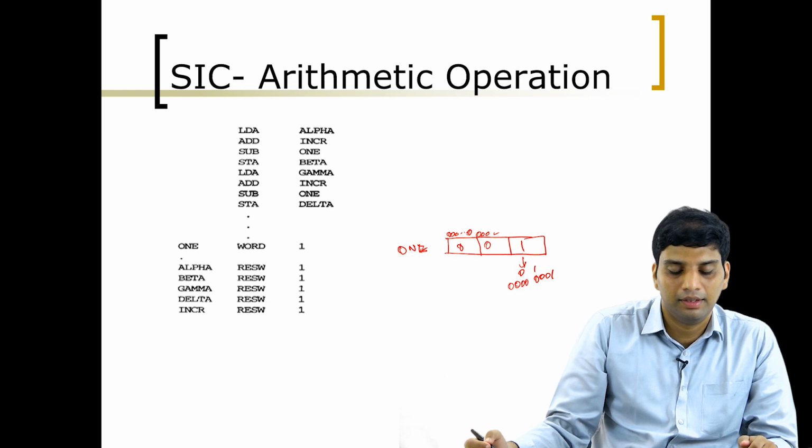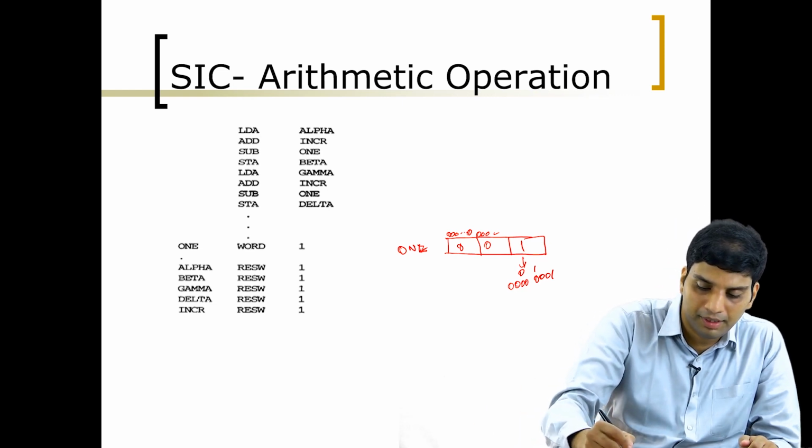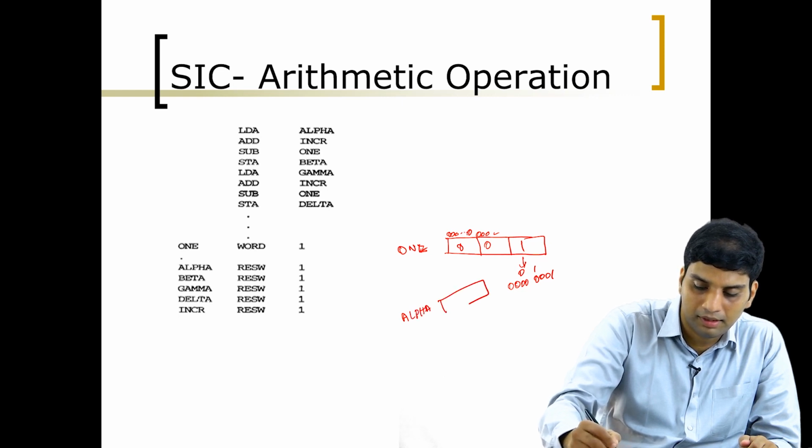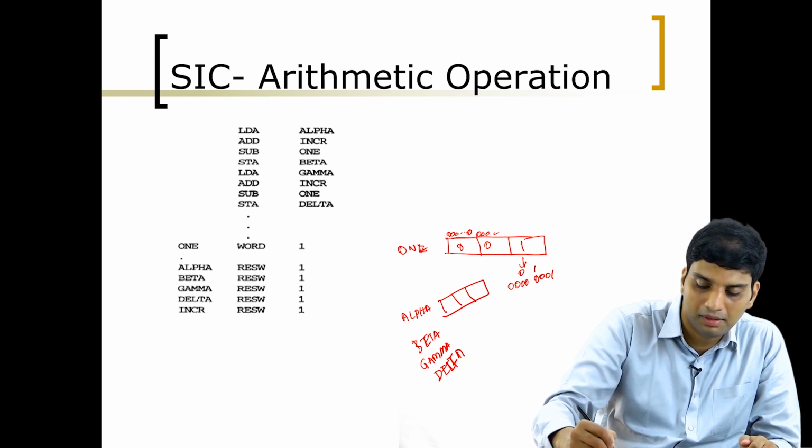Now, next we have something called alpha. It's a reserve word, and beta, again a reserve word. Gamma, delta, and INCR.